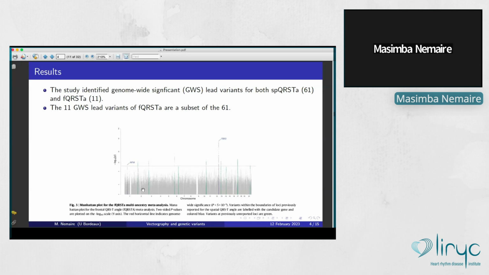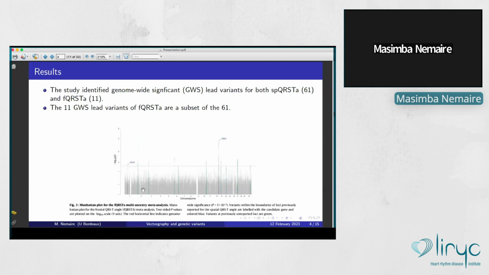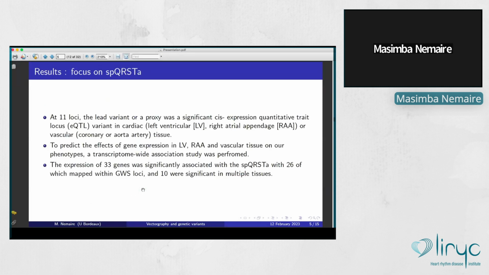So these are the genes, gene variants, and then the chromosomes. And you can see that for the spatial one, there is really significantly more data than in the frontal one. So they found out that from these 61 loci, 11 of them were really expressed in the traits of the left ventricle, the right atrial appendage, and some vascular arteries.